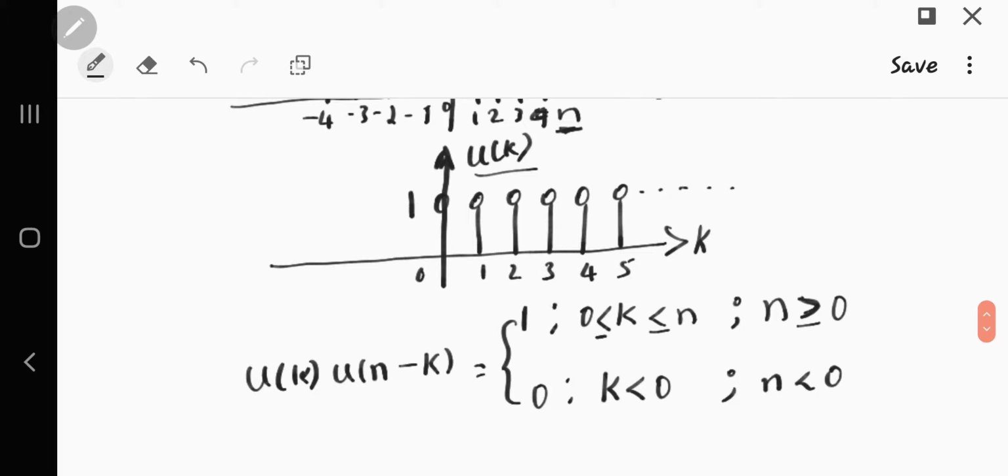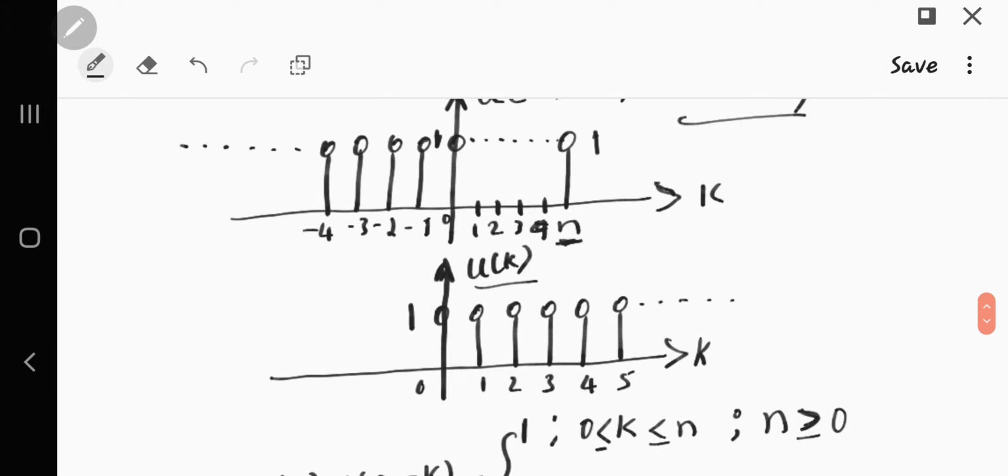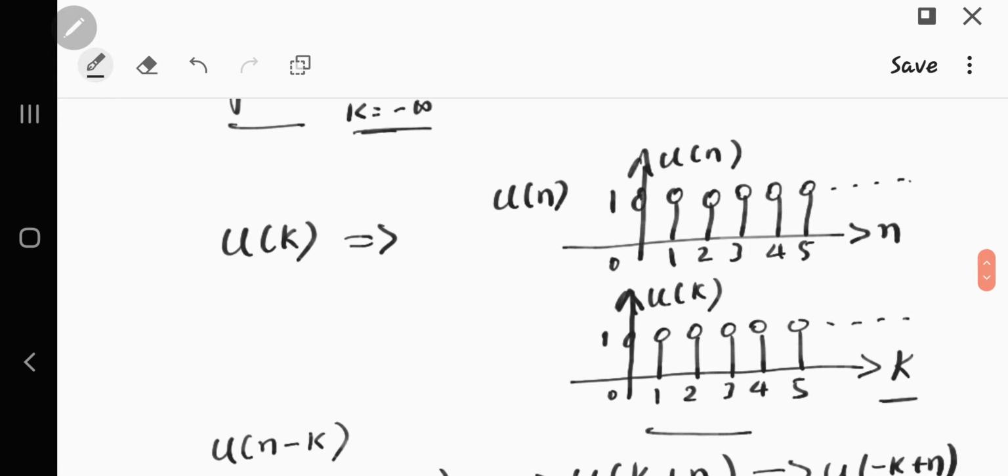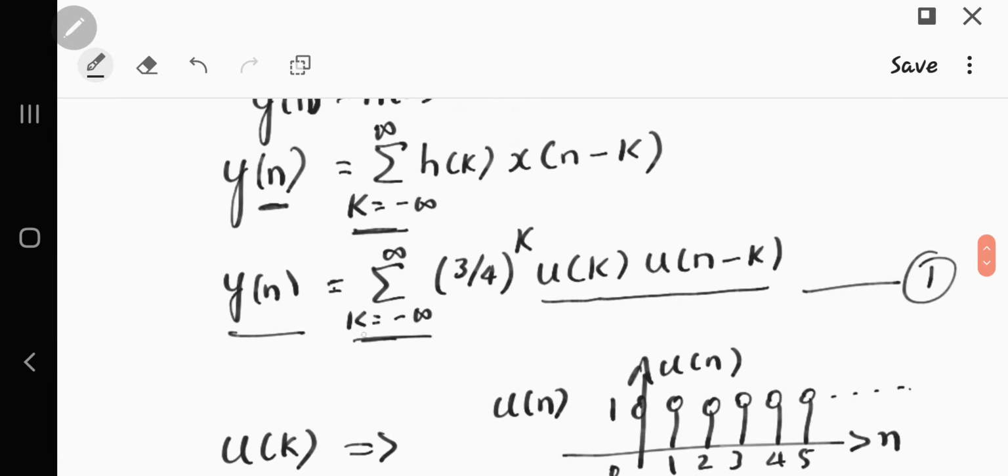So we are representing that we have taken the limits here. Now we got the limit. Observe this: for values of k between 0 and n only, u of k, u of n minus k will be 1, and for values of k which are less than 0, u of k and u of n minus k will be 0. Now based on this, coming to equation 1 here, k is varying from minus infinity to plus infinity.